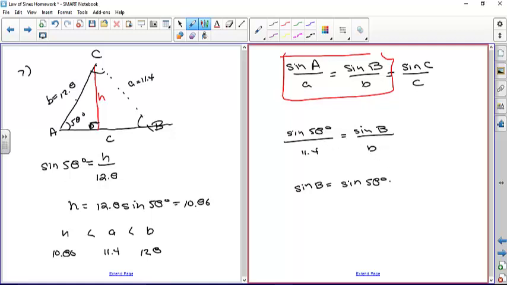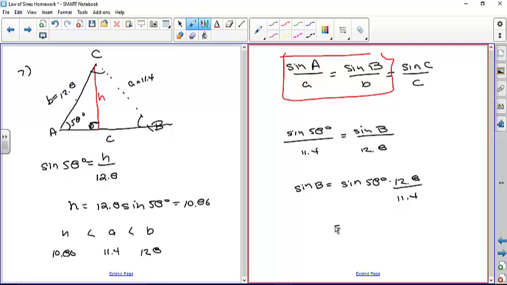So I need to put side B's length in there. I already know what it is, 12.8. So to solve for the sine of B, we move that up to the top, so we get 12.8 divided by 11.4.